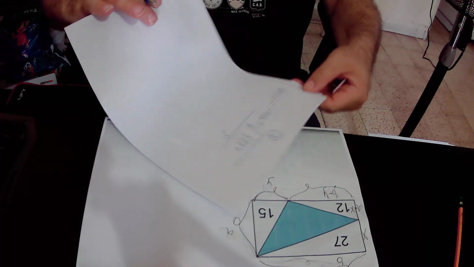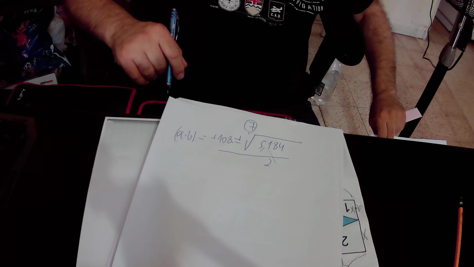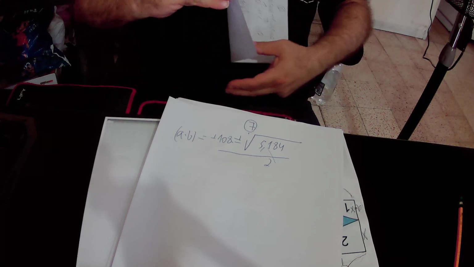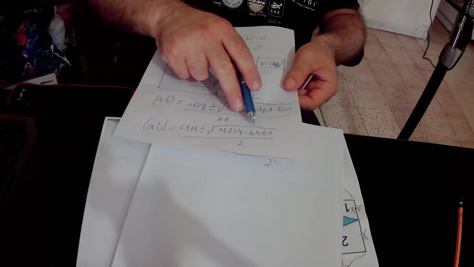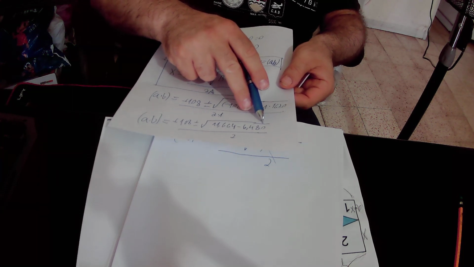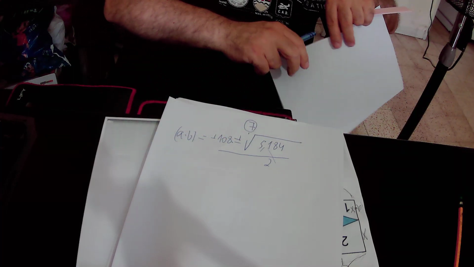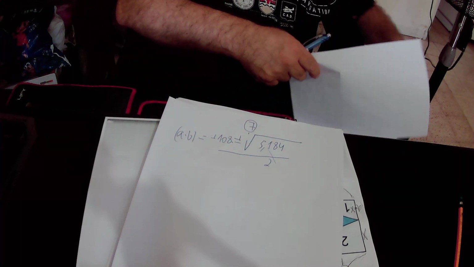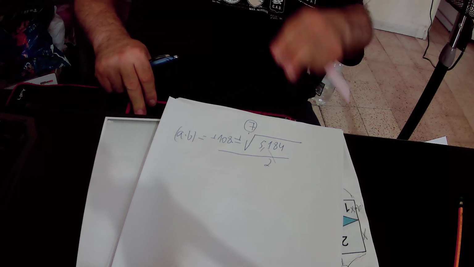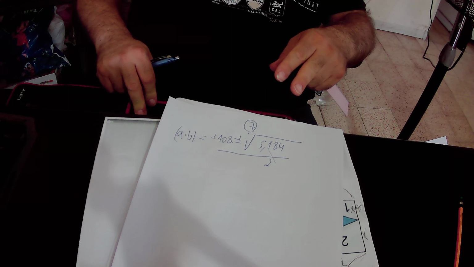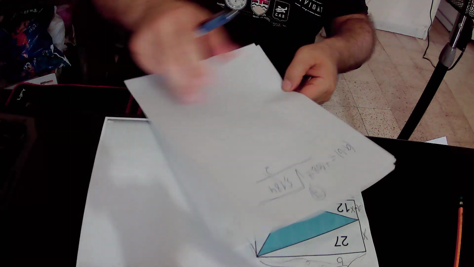Okay, we'll show it again. 11,664 minus 6,480 equals 5,184, and the root of 5,184 is 72, so we'll write it down.